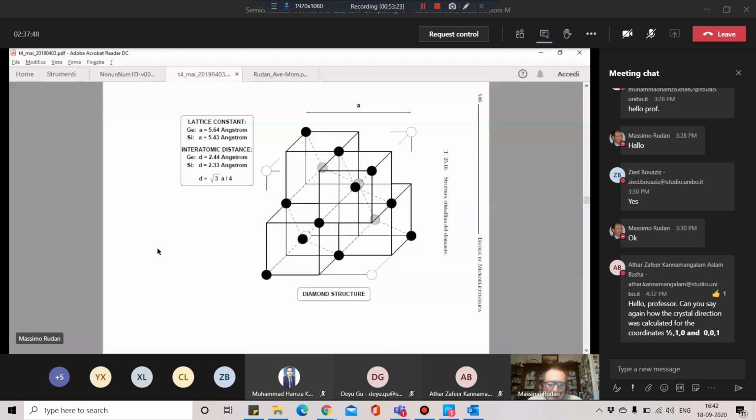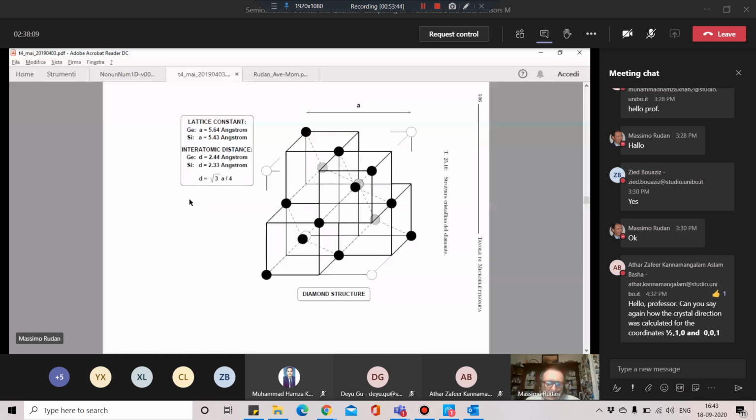It is very easy to find that this minimum distance that is called d in the figure is equal to the lattice constant times the square root of 3 divided by 4. Okay.